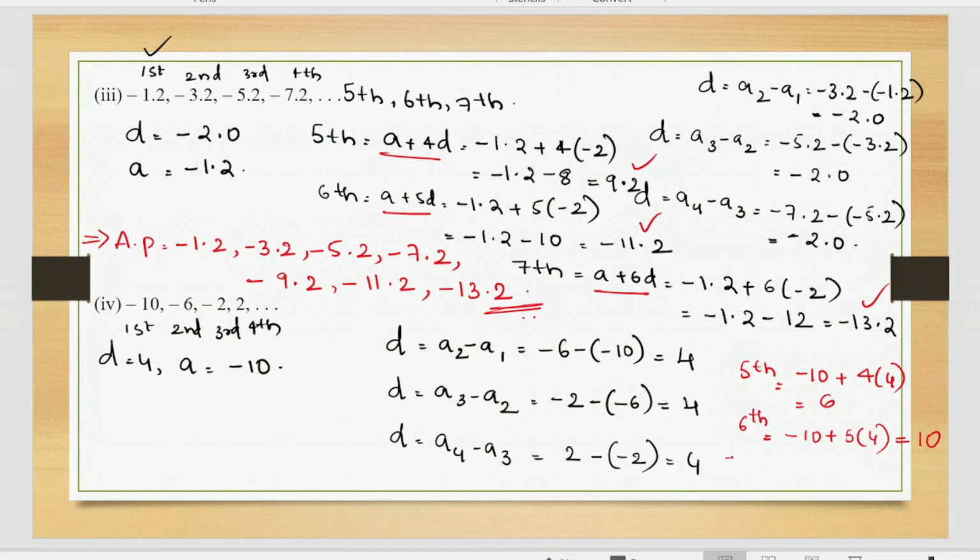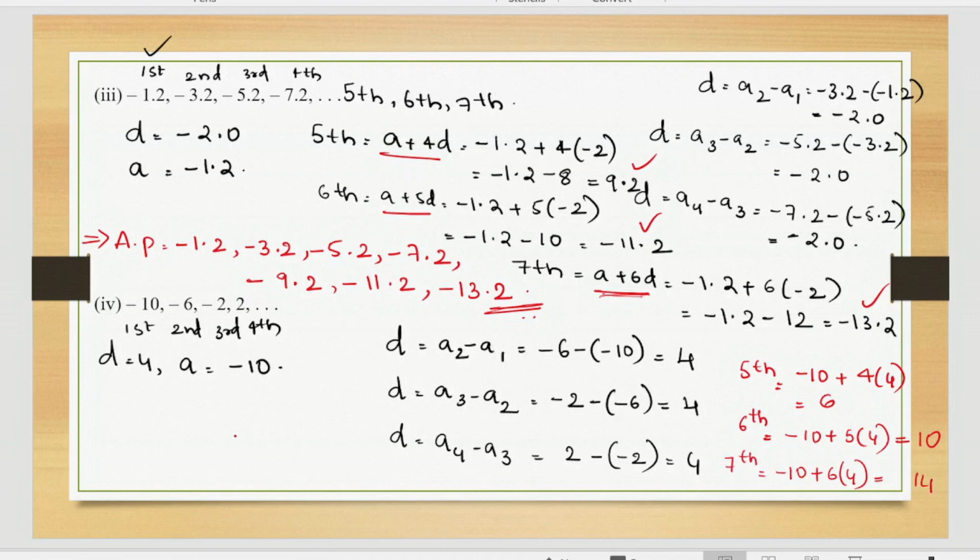Okay. The next, seventh term, that is a plus 6d. So a is minus 10 plus 6 into d, which is 4. So we get minus 10 plus 6 fours are 24, which gives you 14.